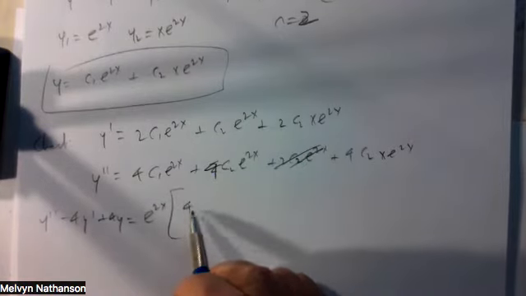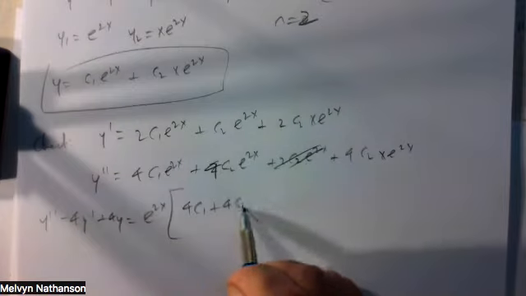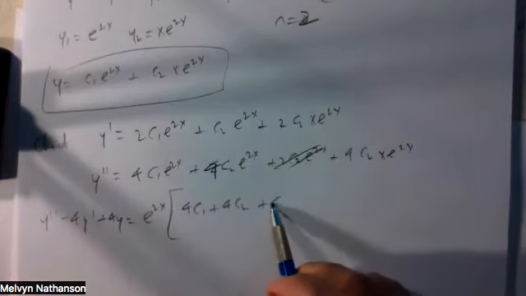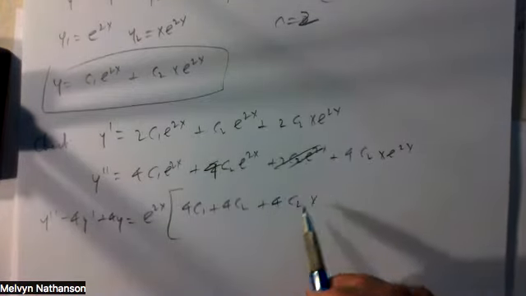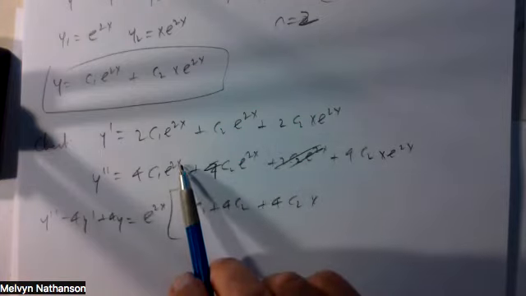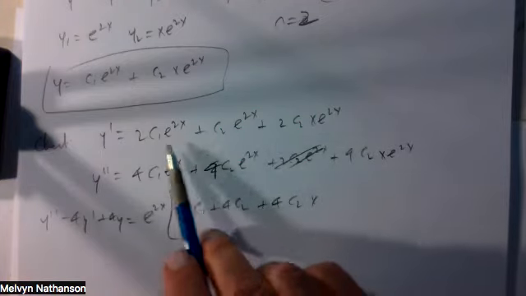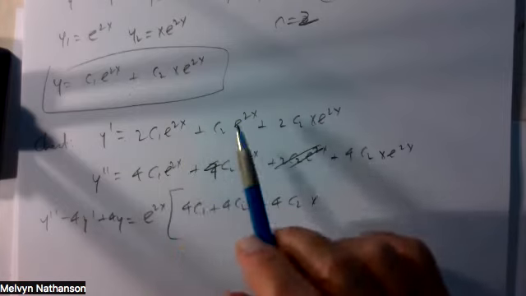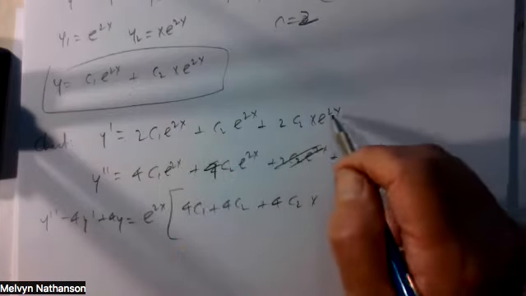So y double prime minus 4y prime plus 4y is equal to this. I can factor e to the 2x out of this. I get 4c1 plus 4c2 plus 4c2x, minus 4y prime, so I multiply this by minus 4, and I can factor out an e to the 2x.